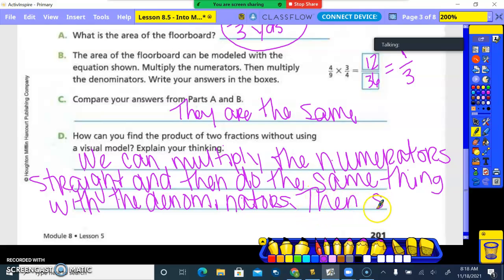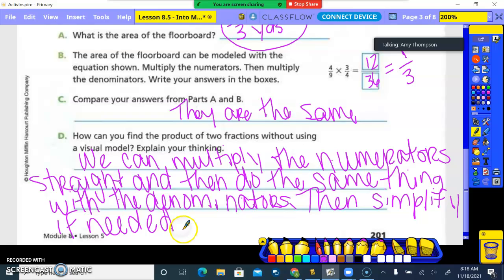Then simplify if needed, which technically you can simplify before you multiply, right? Okay, but either way, you need to simplify if needed.